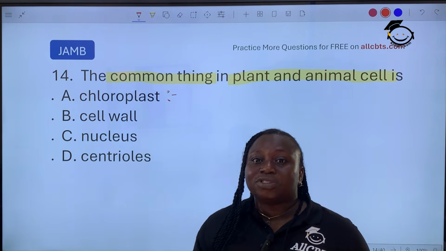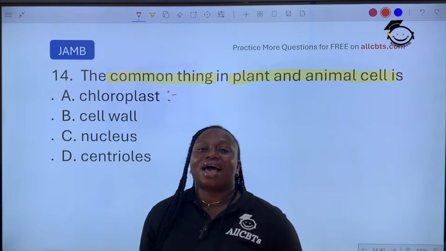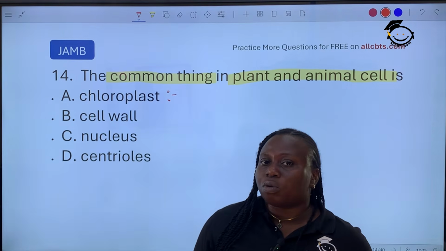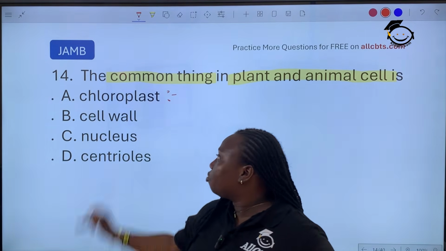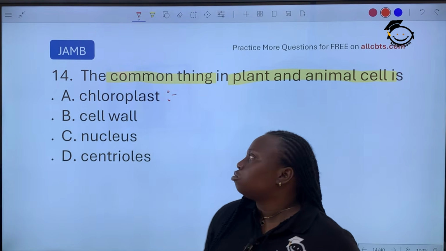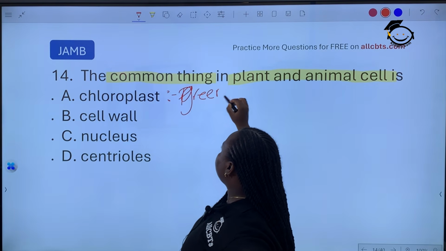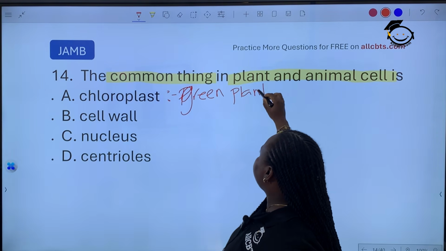Chlorophyll is the green pigment that gives green plants their characteristic green color, and chloroplast is where photosynthesis occurs. So it's only found in green plants.